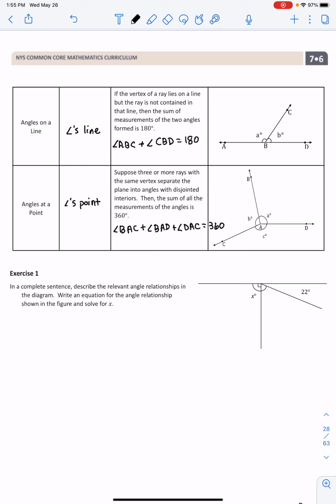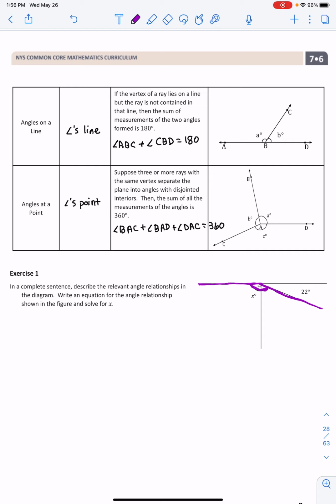Now remember, we have a 90-degree angle, but what we're finding here is the angle here. It goes all the way across, so it's more than that 90 degrees.